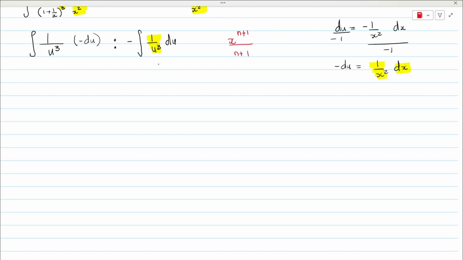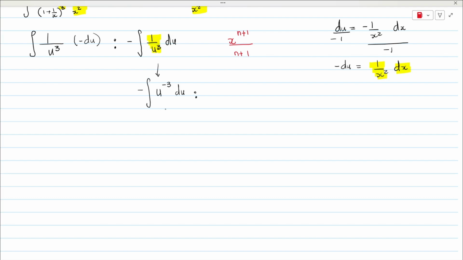So now I can go on to say 1 all over u cubed can be rewritten as u exponent negative 3 du because I moved something at the bottom and took it to the top. The integral of this, I put back my negative sign. I just changed this so that it's easier to apply the power rule for integration.